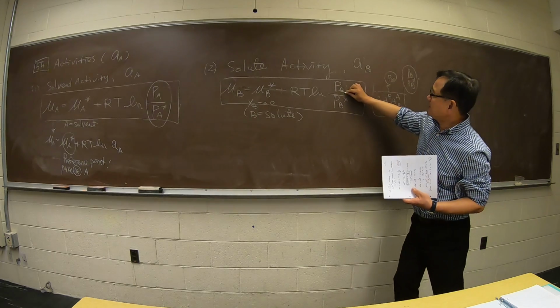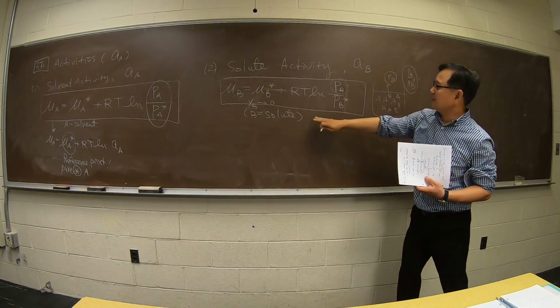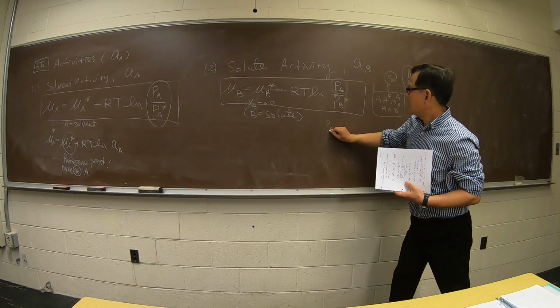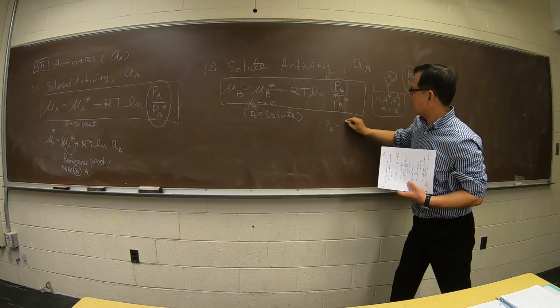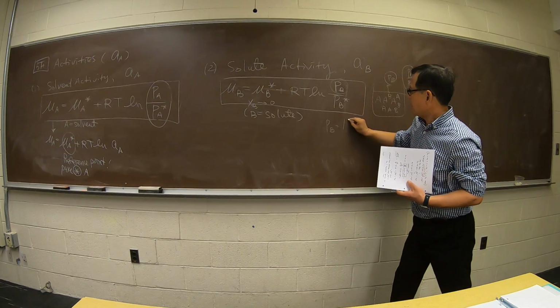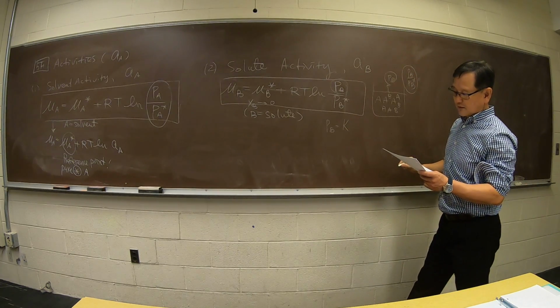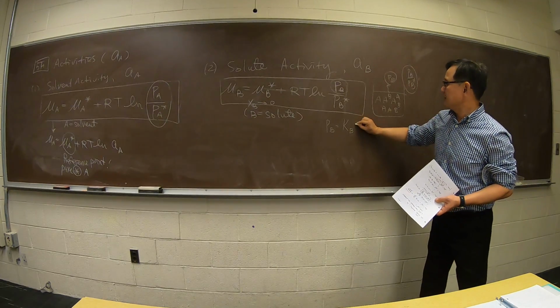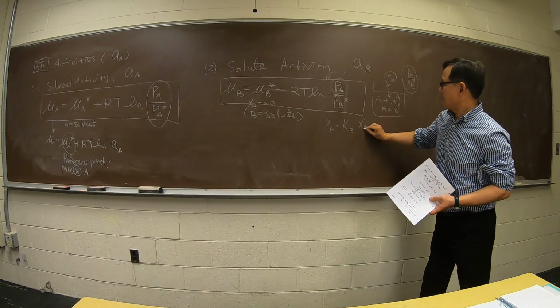But now this one has a different meaning. When this is a solute, PB can be described by K, Henry's constant. How do they write? They call it Henry's constant, times XB.